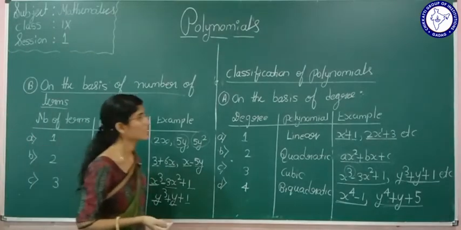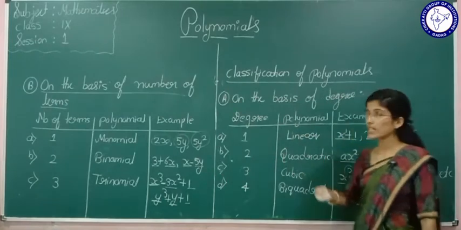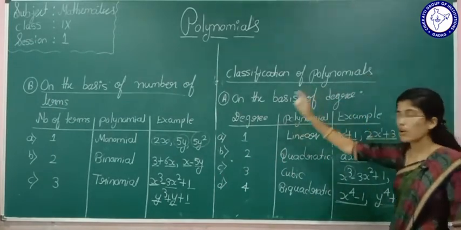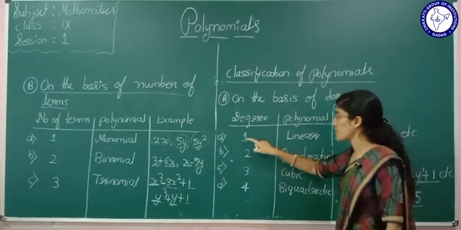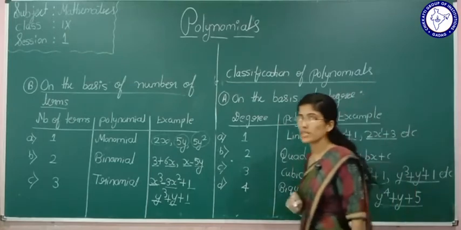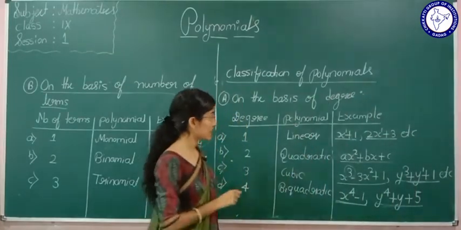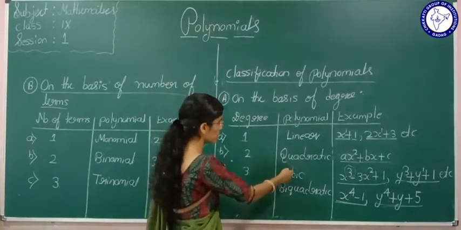So what we have done here, we came to know the definition of polynomial, right? On that we have done the classification of polynomial on the basis of degree. If the degree of the polynomial is 1, that is called linear polynomial. If the degree of the polynomial is 2, that is called quadratic polynomial. If the degree is 3, it is called cubic polynomial.